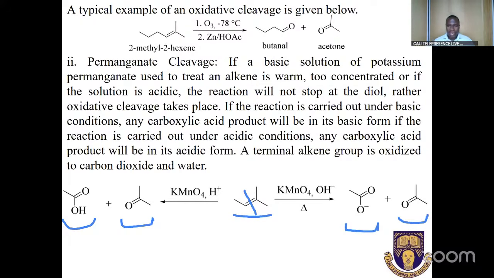Now, this will be formed if we use KMnO4 in alkaline medium, either as a warmed solution or in the concentrated version. So in both cases, what we see is that you actually end up with the ketone and a form of the acid. And that's what happens when we have permanganate cleavage.